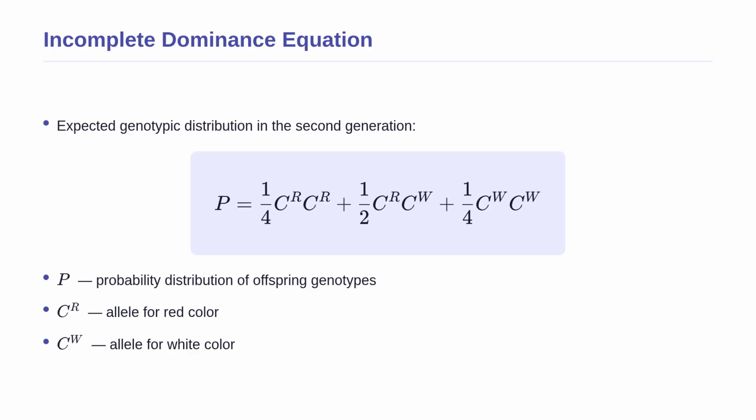The symbol C superscript R represents the allele for red color, while C superscript W represents the allele for white color. The fractions 1/4 and 1/2 indicate the expected mathematical frequency of each genetic combination. If the total number of offspring increases, the actual observed numbers will closely approach these exact mathematical fractions.